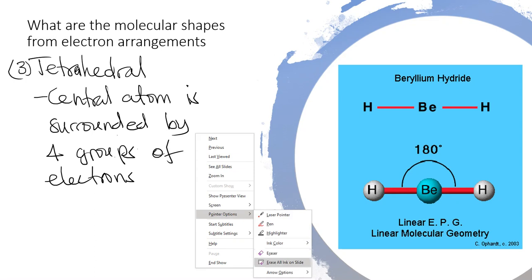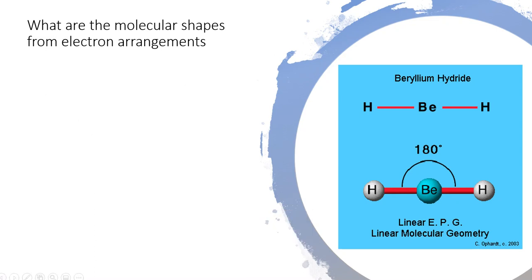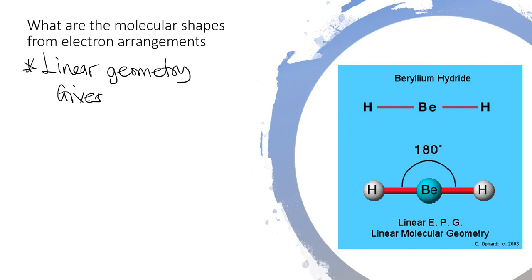Now let's figure out from these geometries, how do we get shapes? So a linear geometry will give you a linear shape.